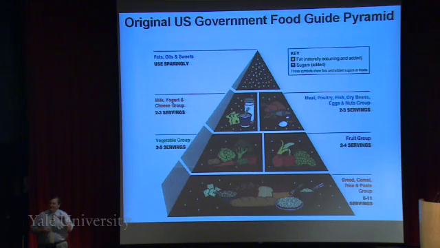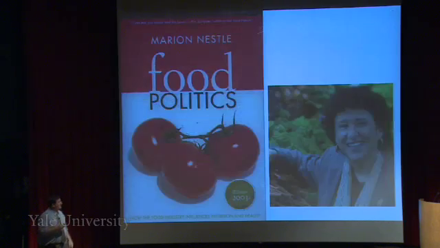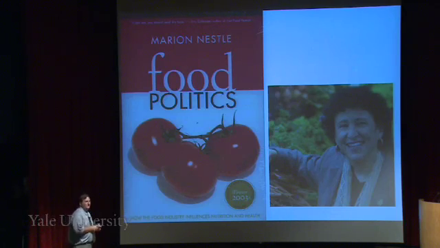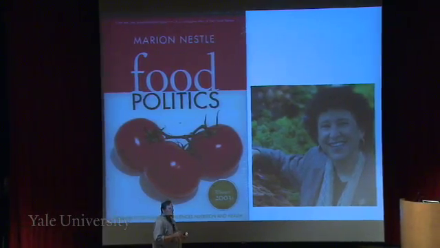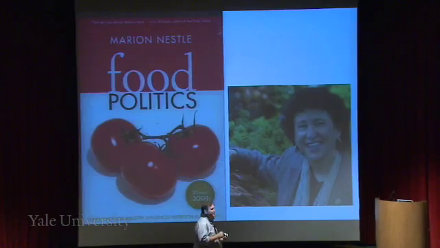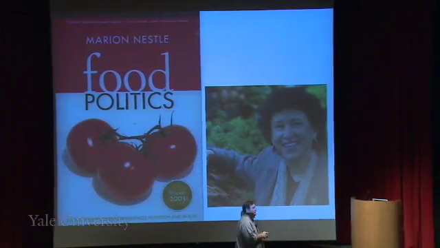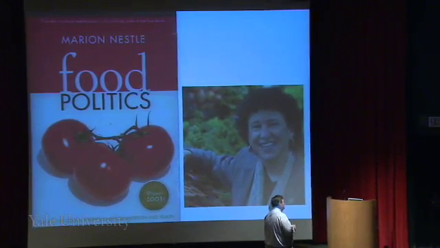And people said the dairy industry and the meat industry were especially effective at lobbying, and that gave you a skewed version of what to eat. This has been discussed in great detail in a terrific book by a researcher at NYU named Marion Nestle called Food Politics. She was in Washington spending some time when the first food guide pyramid and dietary guidelines were being developed, and she talks about that experience and how much impact the food industry had on this.